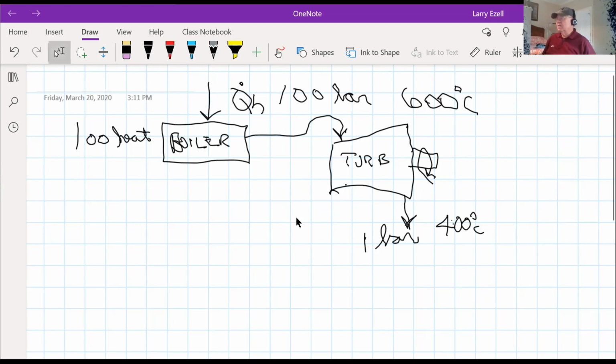Now, the first law doesn't say anything about how much of that we could convert to work. You could say, well, I've got 100 units of heat in here, I can go through this turbine and get out 100 units of work. Well, the second law of thermodynamics tells you that's impossible.